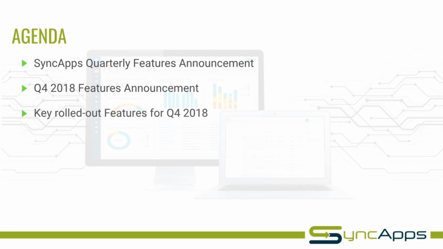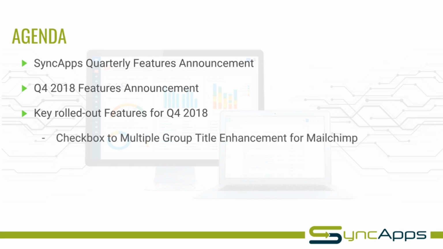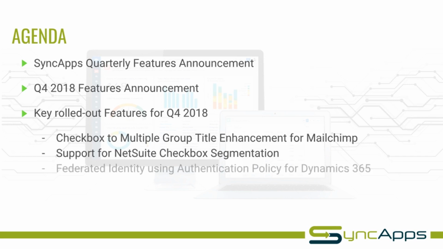And I'll be talking more on the key rolled out features that we have for Q4, such as the checkbox to multiple group title enhancement for Mailchimp integrations. Second, we do also now support NetSuite checkbox segmentation. Third, this is a new feature wherein we now support federated identity using authentication policy for Dynamics 365 integrations.